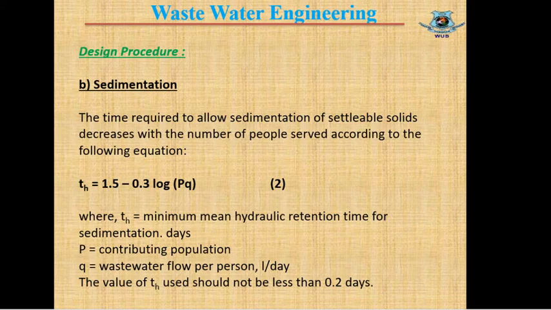As the density of the sludge increases, it will sediment earlier, thus reducing the time to sediment. This is the reason that the more persons use the tank, the time decreases.